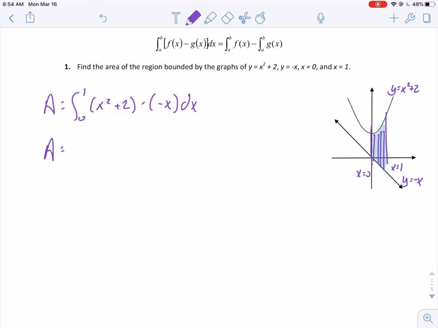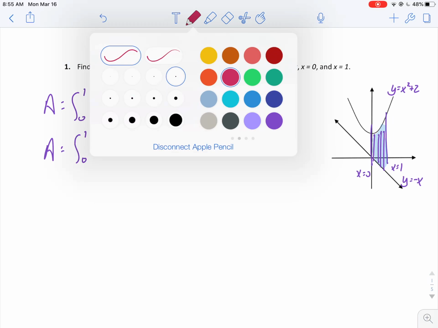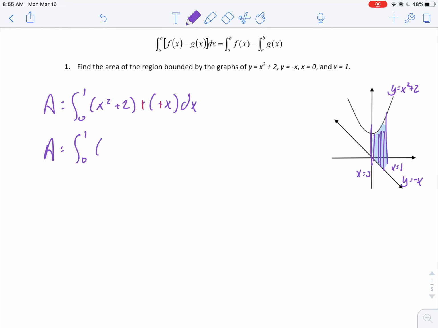Now, to do this, it's best to simplify the expression a little bit. So x squared plus 2 minus a negative x. If I take this negative sign and distribute it, that x becomes positive. So I have the integral from 0 to 1 of x squared plus x plus 2 dx.